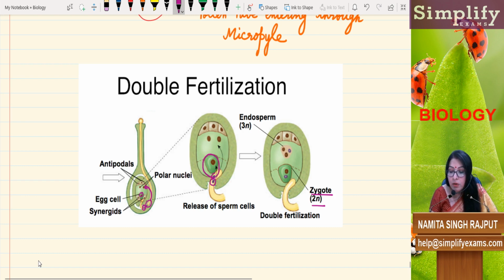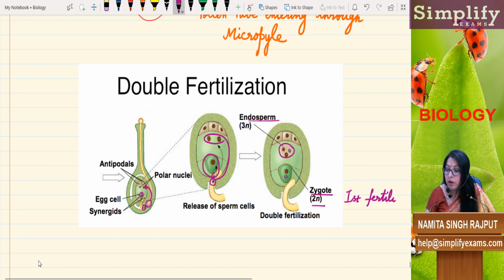As you can see in this diagram, this one goes and combines with these 2, and it forms the endosperm. So this is one fertilization where the egg cell combines with one of the male cells and results in the formation of the zygote. This is the first fertilization.